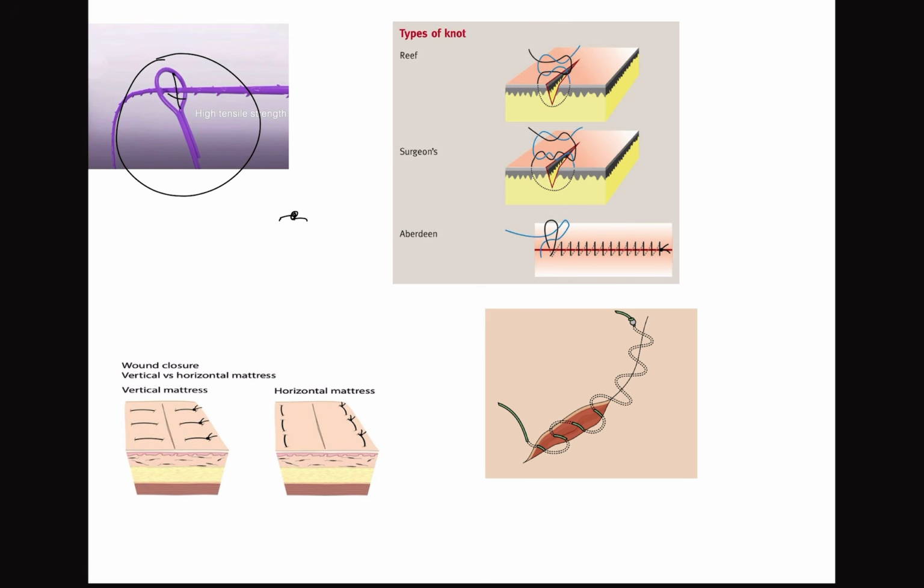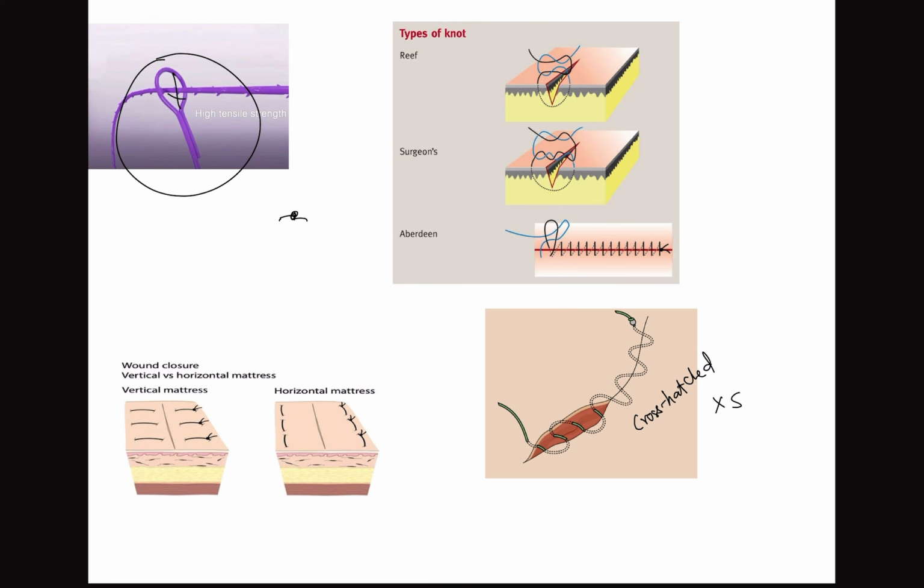So plastic surgeons most commonly use it on the face to avoid what we call cross-hatched markings. To avoid the cross-hatched markings due to the suture, we use subcuticular suturing.